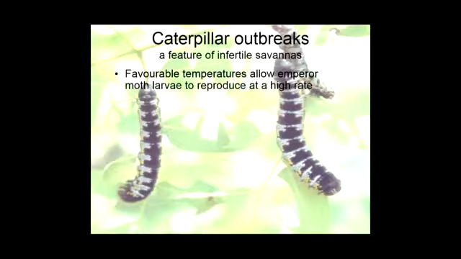Okay? So in terms of factual evidence, we think it's got something to do with temperature triggers and allowing the emperor moth larvae to reproduce at a higher rate, because in most cases it's the emperor moths that give rise to many of these different kinds of caterpillars.